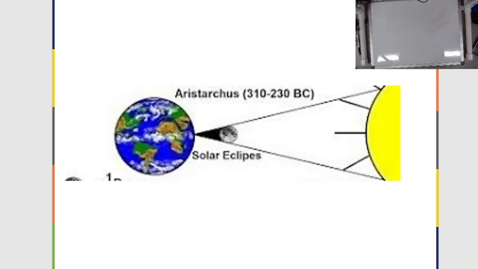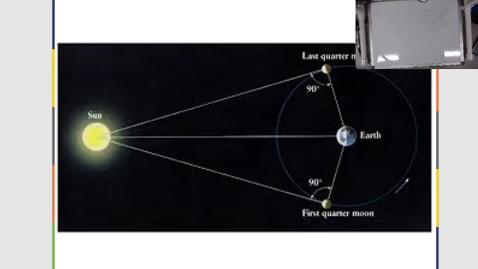And they did a similar experiment to get the sun. And I won't talk about that too much, but here's the geometry of that one.